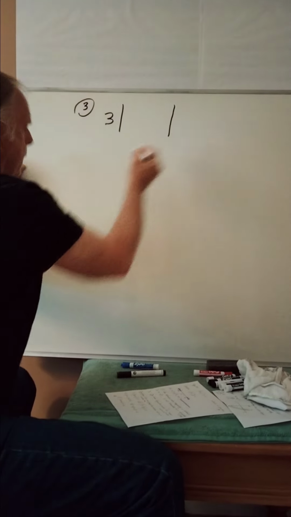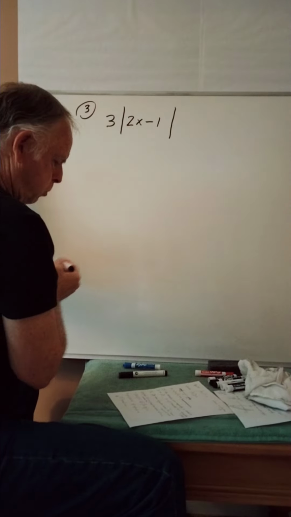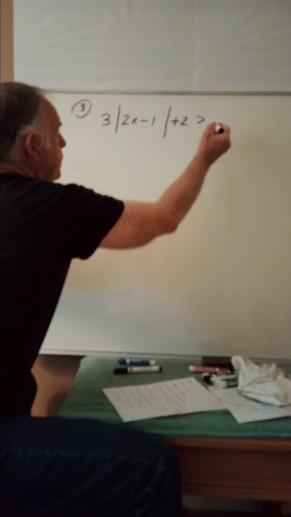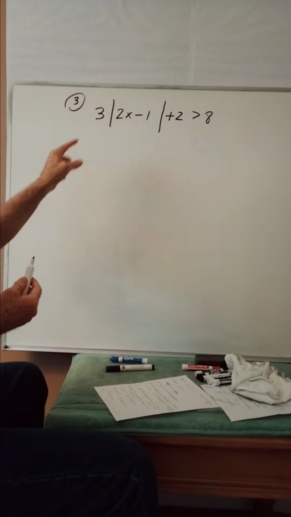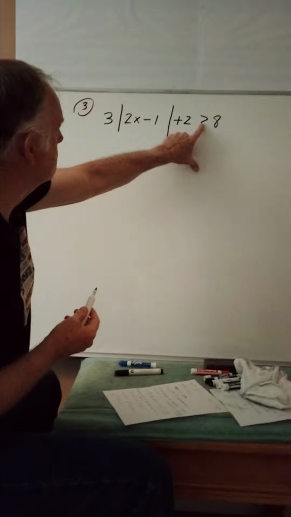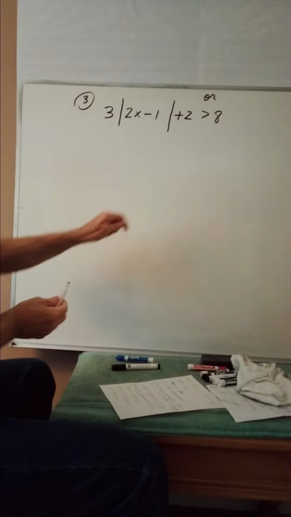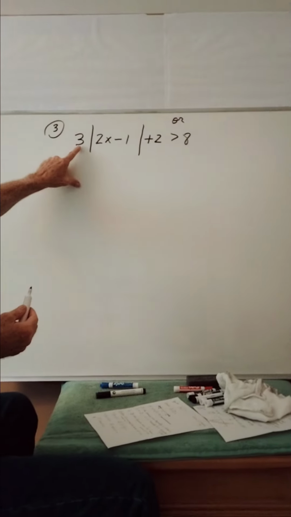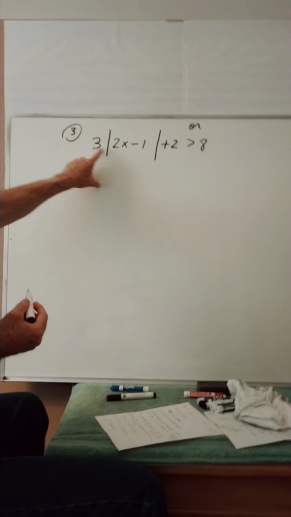3 multiplied by the absolute value of 2x minus 1 plus 2 is greater than 8. There's no translation yet. It's going to be an or. But we've got to get rid of that positive 2, and then we're going to have to get rid of this little factor.